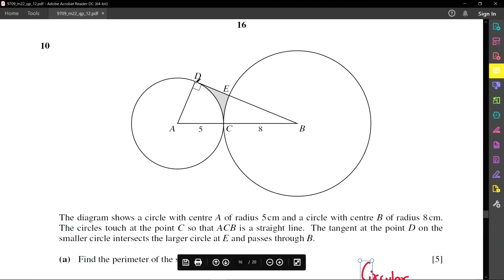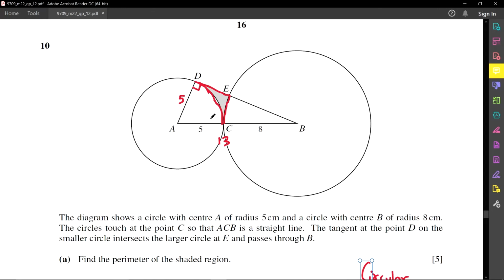So for the perimeter here, you need the arc length of the circle with radius 5, the arc length of the circle with radius 8, and the length DE. Since this is 5 and 8, the entire AB length is 13. This is also 5, so this is 90 degrees.